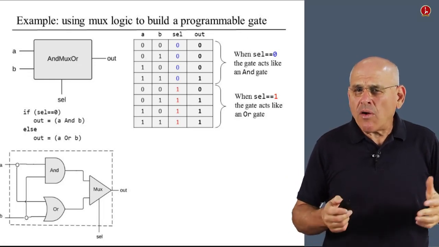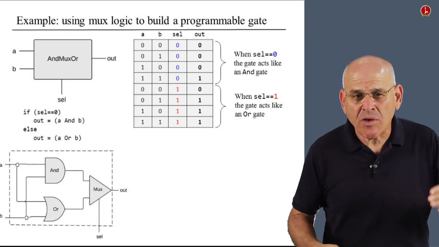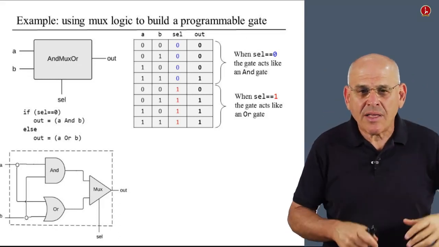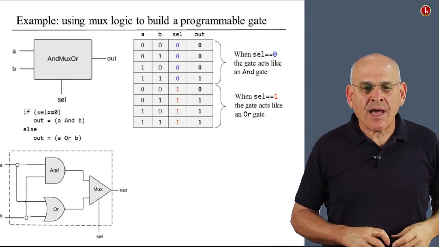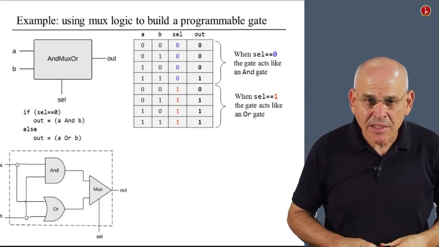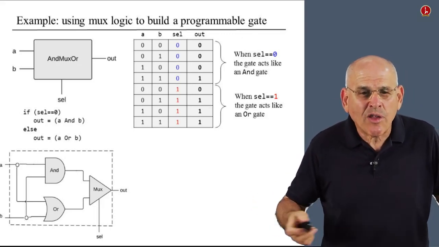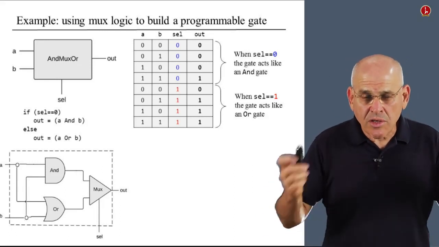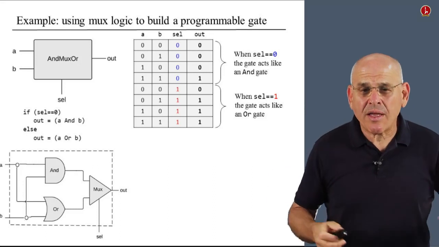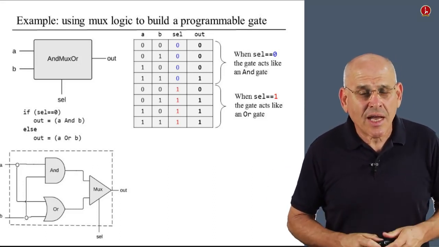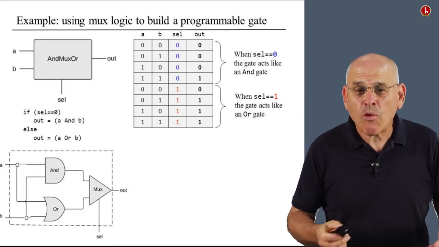And we called this before fanning out. So the A input is fanned out into both AND and OR, and the same treatment is done with the B signal. And then I use a single multiplexer to decide if I want to output the result of the AND or the result of the OR. So the user of this gate that sees only the interface of the gate gets exactly what he or she wanted, a programmable gate.